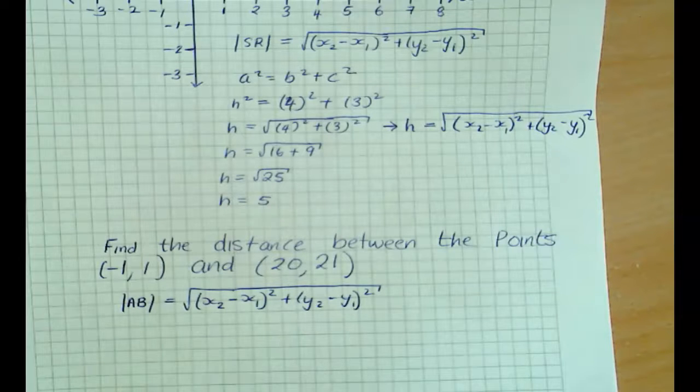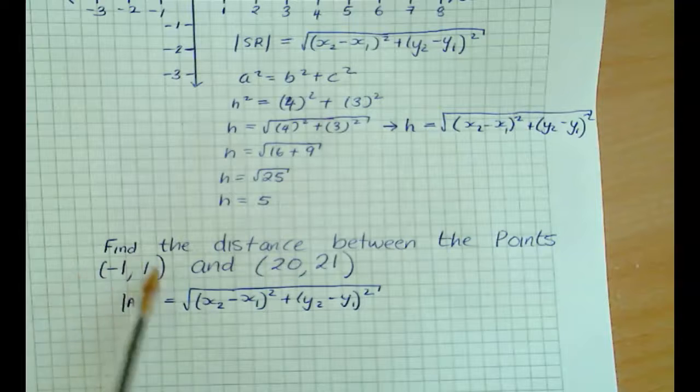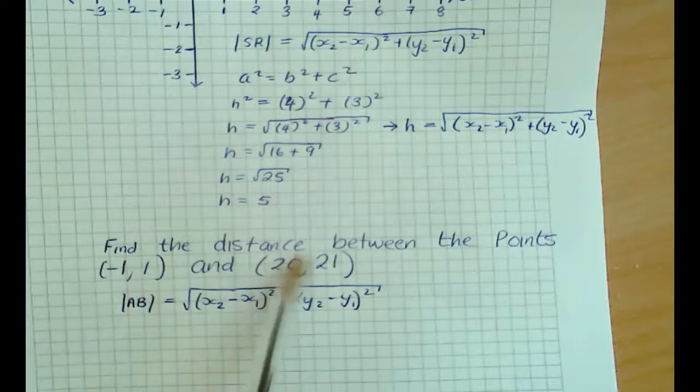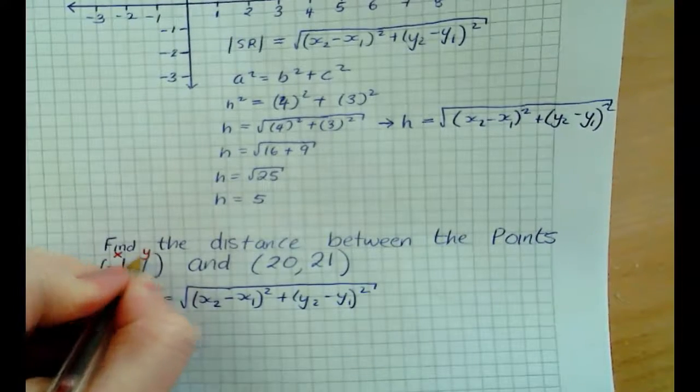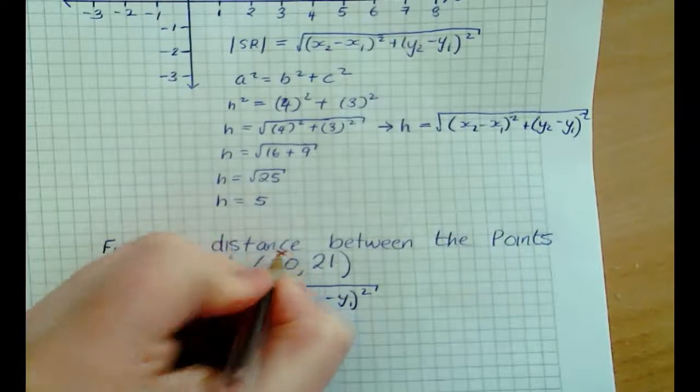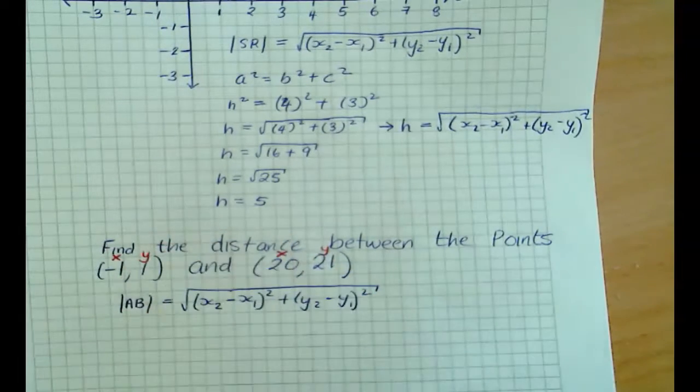The thing I always do, lads, is I label my points. I think this is important to make sure we do. So this is our one point and this is another point. Remember that every point has an x and a y coordinate, and the x always comes first.